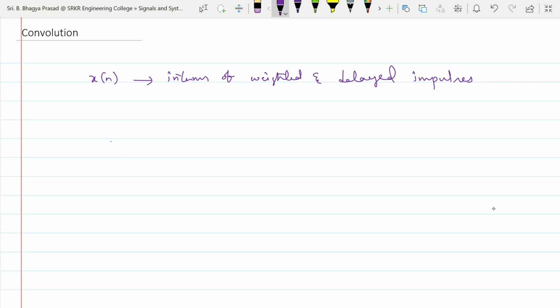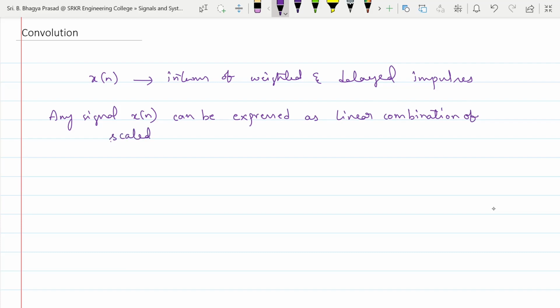Any signal x of n can be expressed as a linear combination of scaled and delayed impulses.